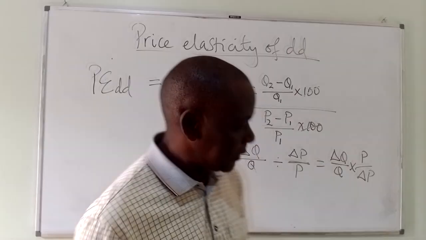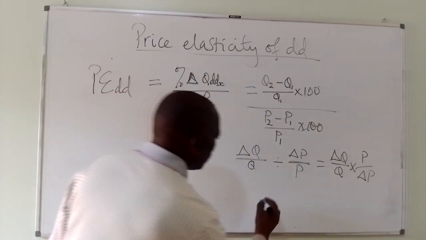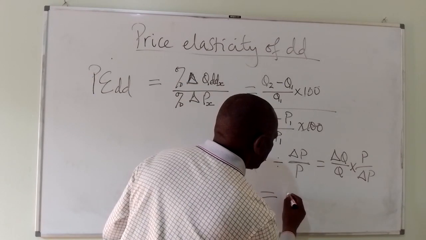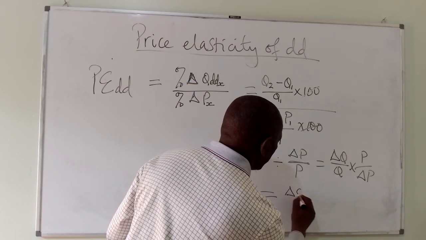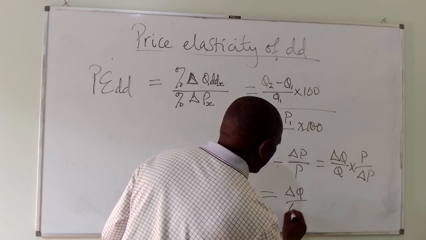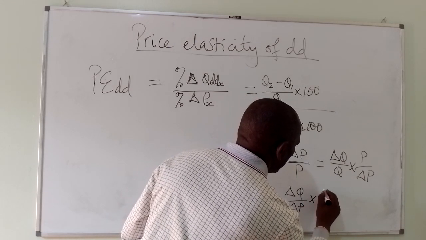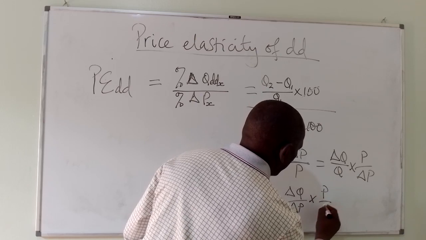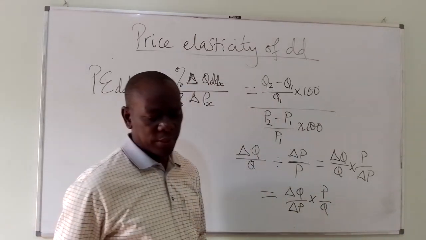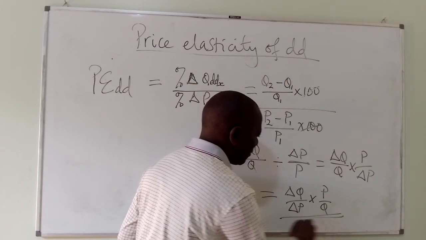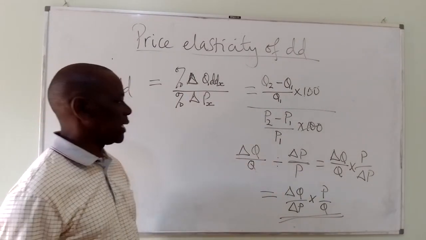And then this definitely will push you to change in output over change in P times P over Q. That's what we're going to have as our formula.